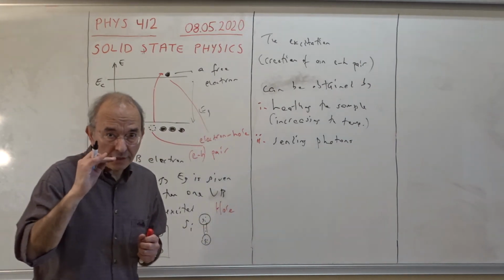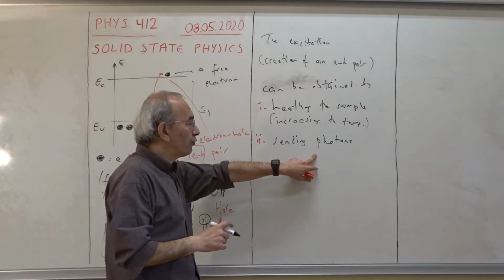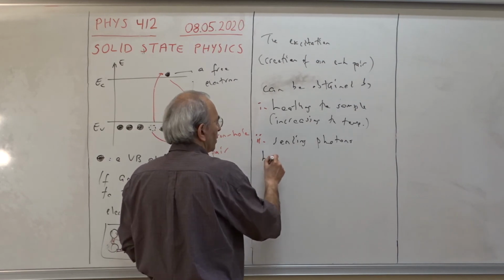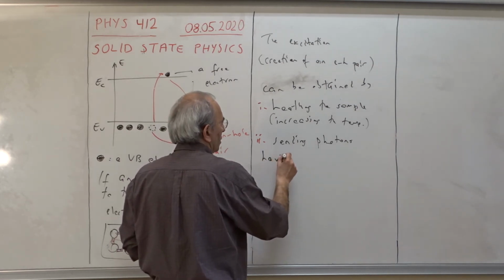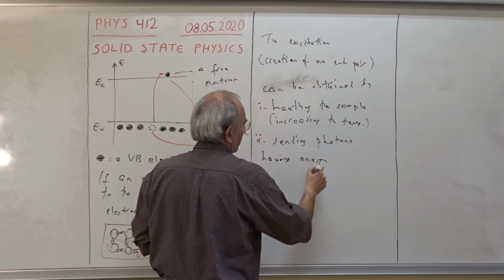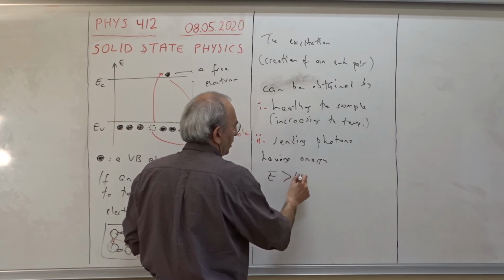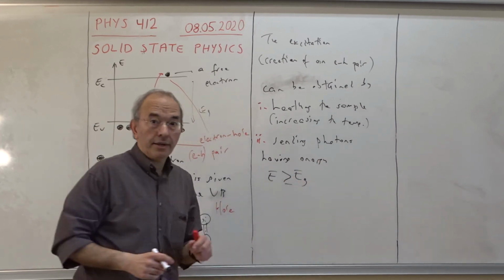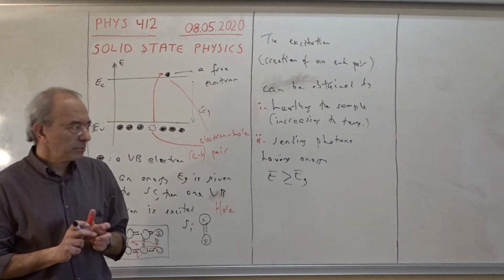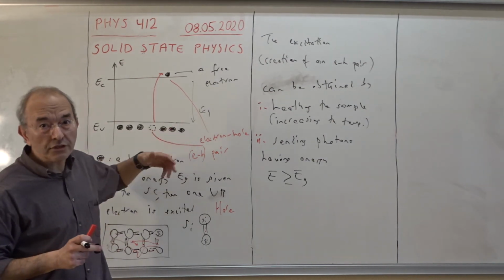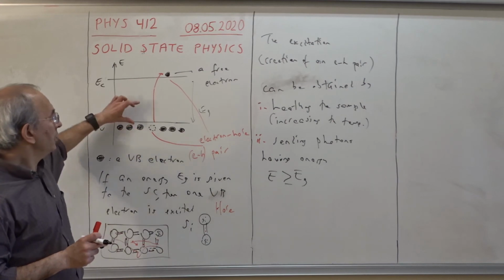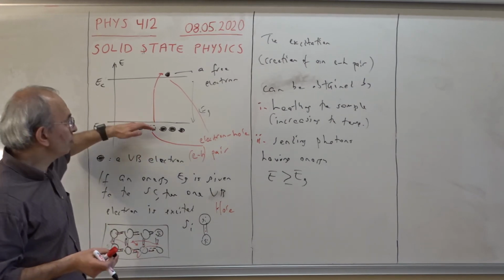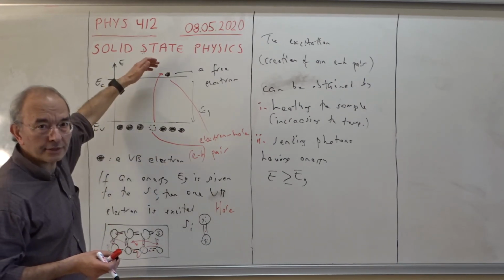But there's a condition for this: sending photons having energy E greater than or equal to the energy gap. If you send photons having less energy, it is not enough to promote this electron to an upper band.